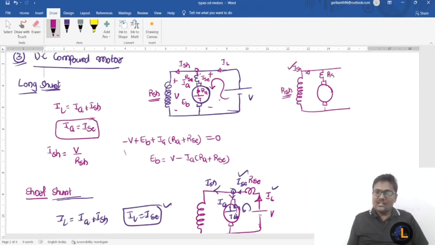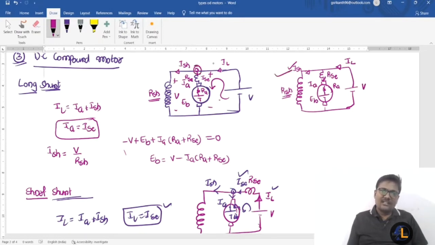This one is RSC, and the current flowing through the armature is IA, the armature winding resistance is RA, and the back EMF is EB. The supply voltage is V, and the current drawn from the supply is IL. This is the same diagram that I am drawing here.